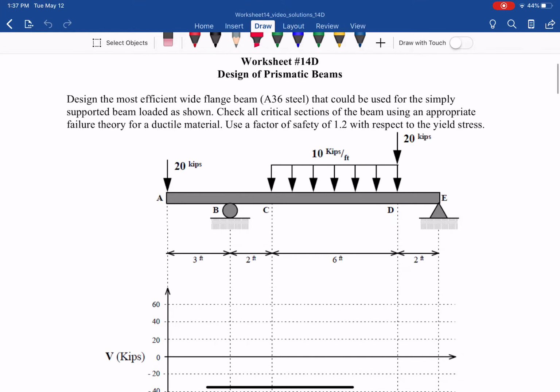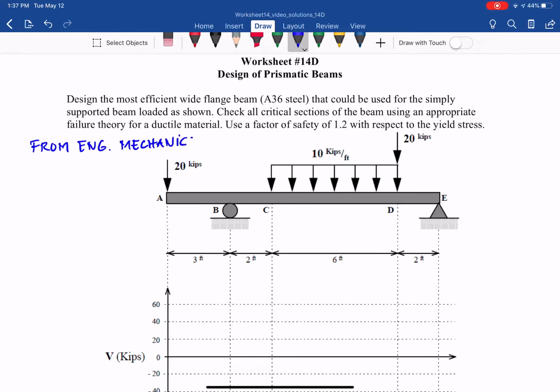From your engineering mechanics, you can find this out.